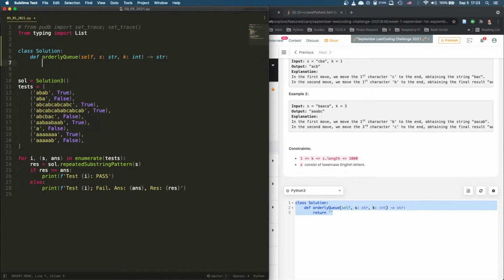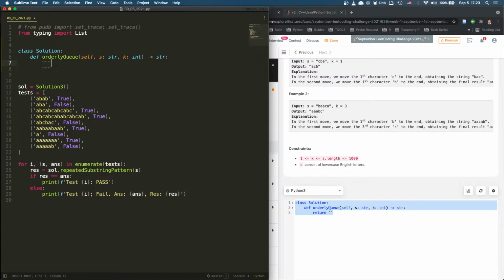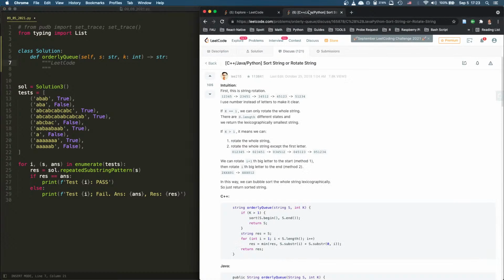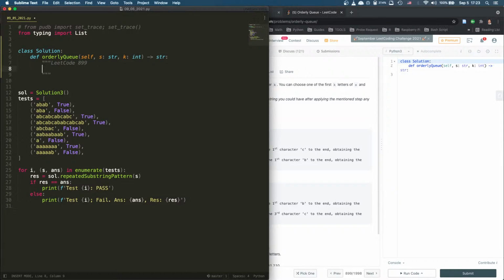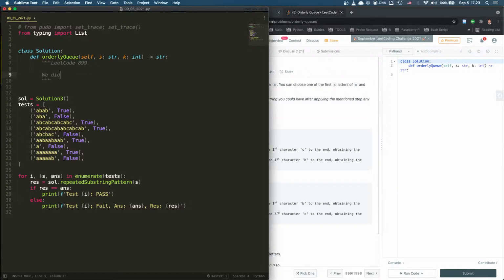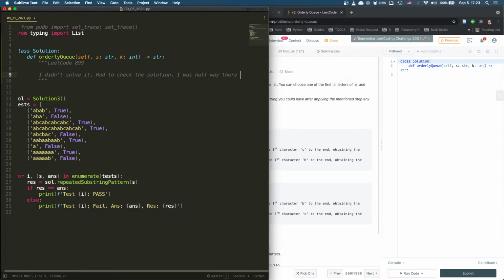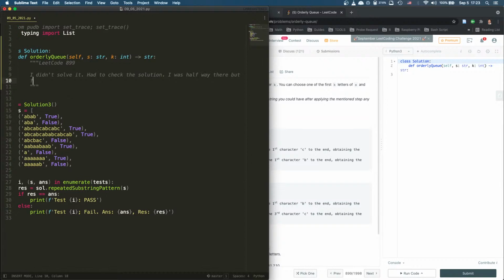Okay, so this is LeetCode 899. I didn't solve it. I had to check the solution. I was halfway there, but fell short.